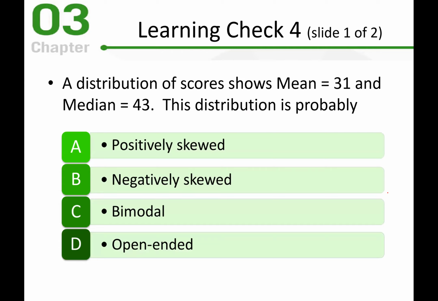So in this question, the distribution of scores shows a mean of 31 and a median of 43. The distribution is probably negatively skewed, right? So we have a distribution, the mean is 31, and the median is 43.